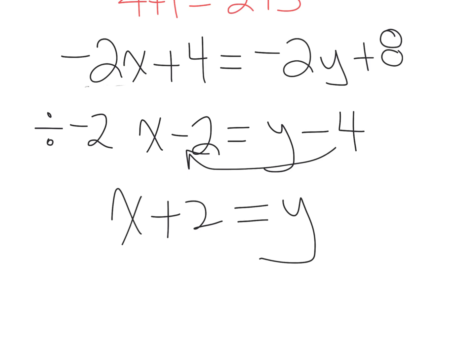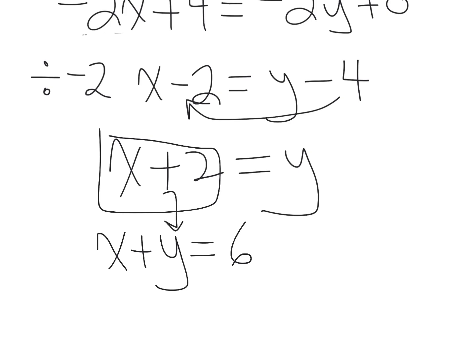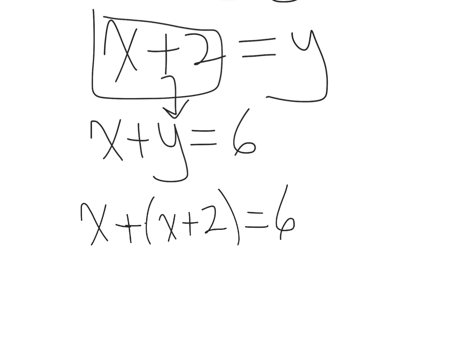So instead of finding a value of x and y directly, we're finding again a relationship between x and y, right? So now what do? I'm reminded that our constraint says that x and y must equal 6, right? So if I took this value of x plus 2, because that equals y, and substituted it in for the y that we have in the constraint function, x plus x plus 2 is equal to 6.